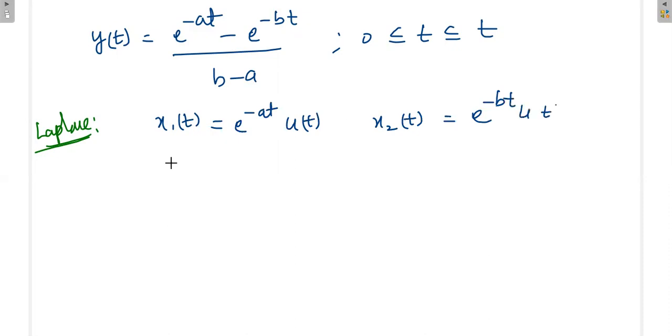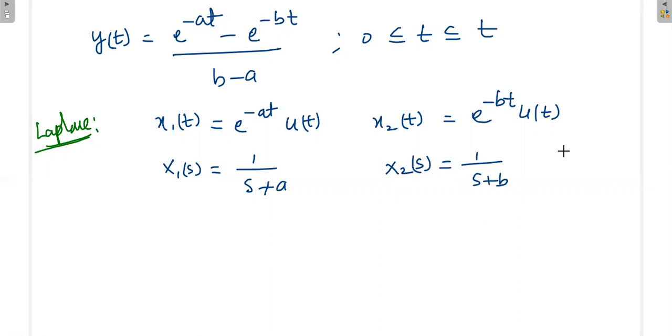What is the Laplace transform? x1 of s is equal to 1 by s plus a, here sigma greater than minus a. x2 of s is equal to 1 by s plus b, here sigma greater than minus b. Okay, no problem.